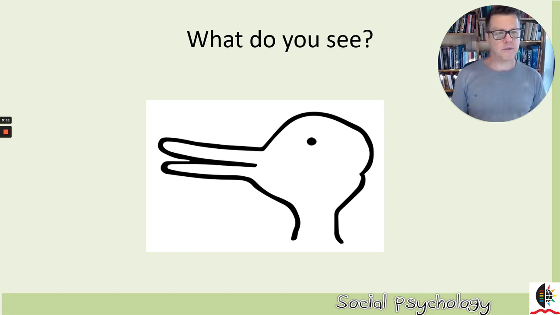And you might be able to even say to yourself, oh, I see it now as a rabbit, now I see it as a duck. Now I see it as a rabbit, now I see it as a duck. So you can switch between how you want to see these things. And that actually shows us something fundamental about the cognitive processes, that we see the world in terms of categories.